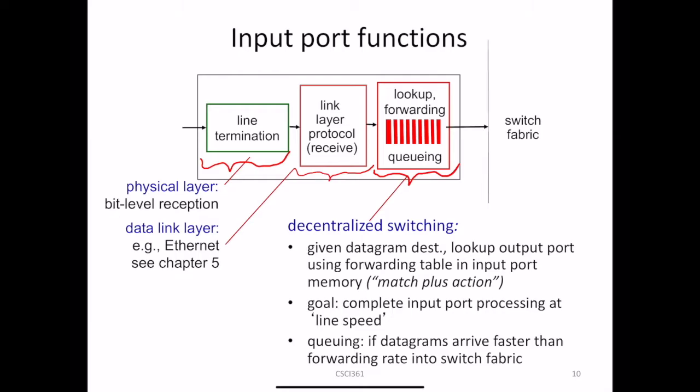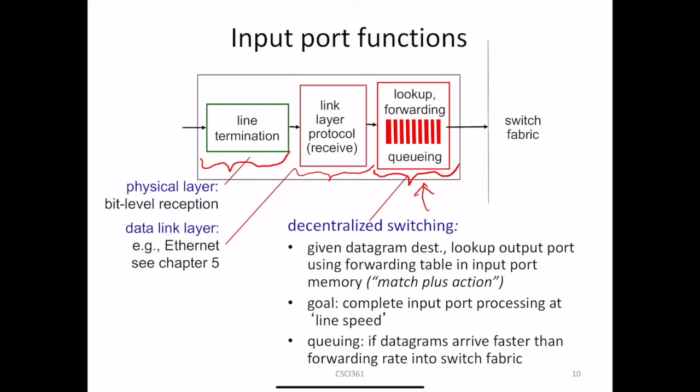Why do we need this kind of decentralized switching? Because if we don't have this box, when a packet arrives at this input port, it must send a request to the routing processor to get the output link information from the forwarding table.